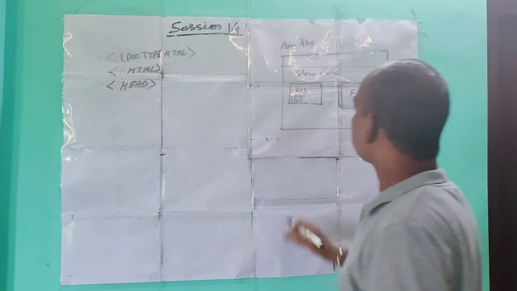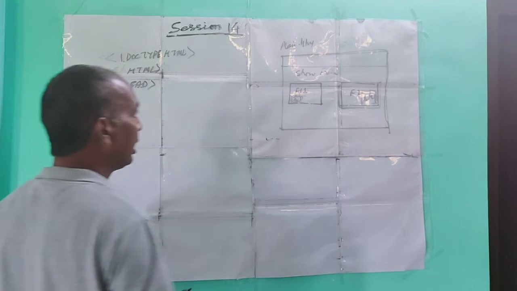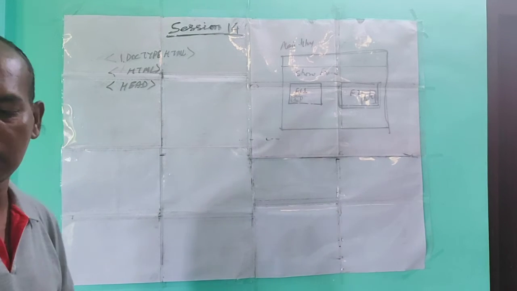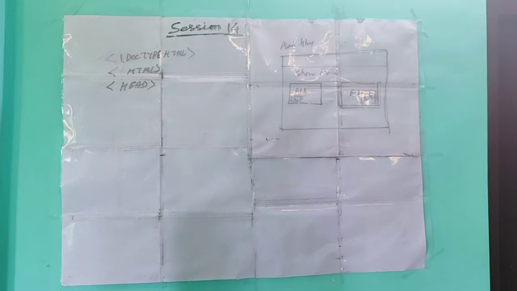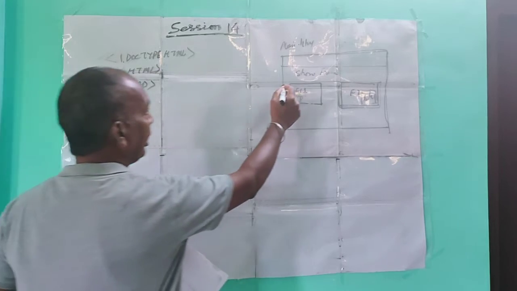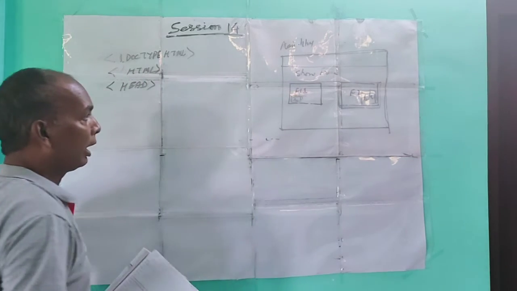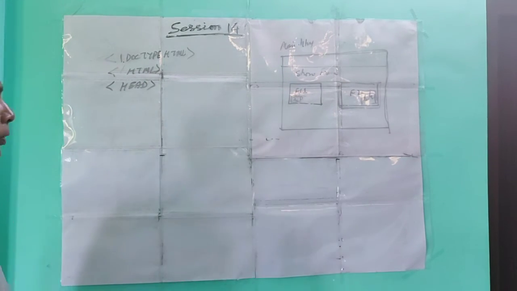Now, if you want to change the border and size by using a style sheet, then modify the first document, the main document. If you want to change the height and width of the frame, or the color and border of the frame, by using a style sheet, come to the main document, edit it.